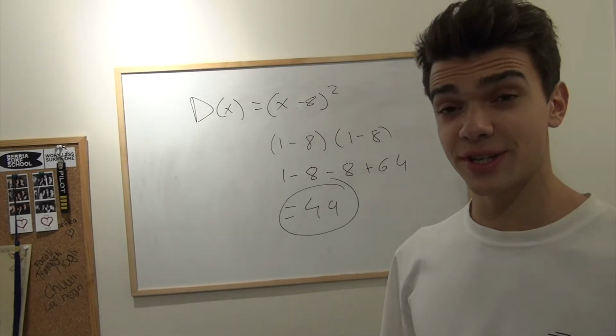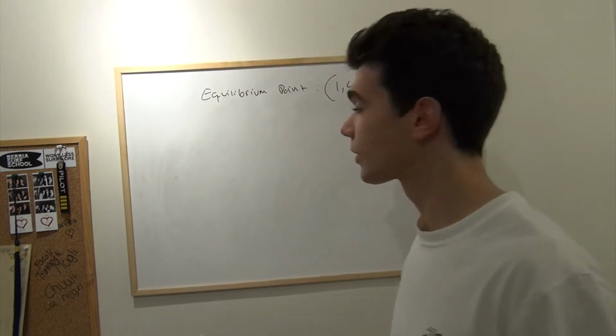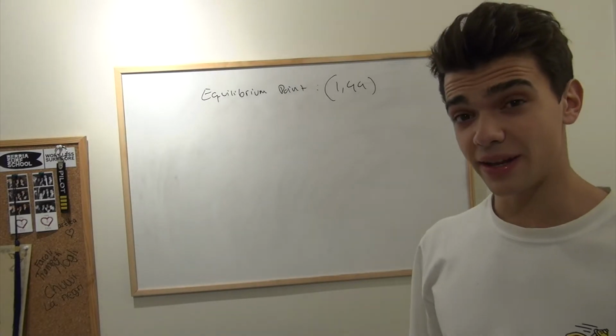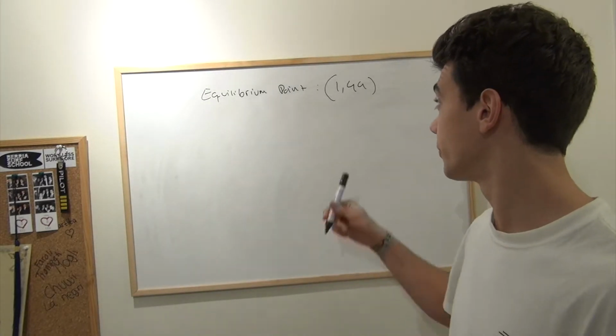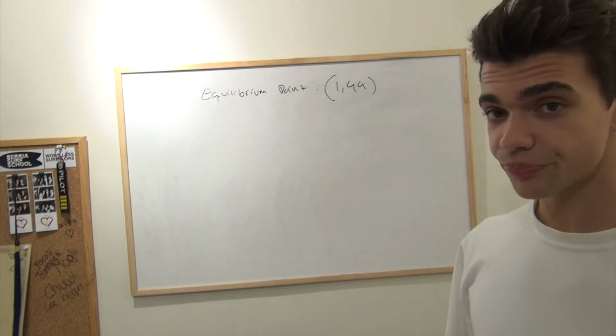For the 9 we represent our y value. Therefore, the equilibrium point of those demand and supply functions would be at the coordinates 1, 49.